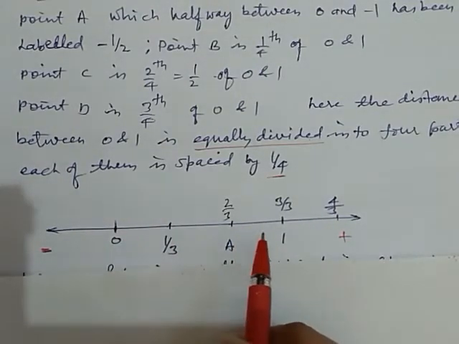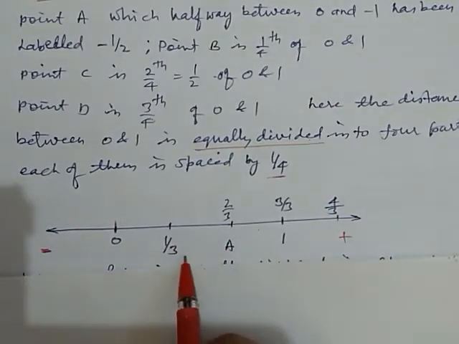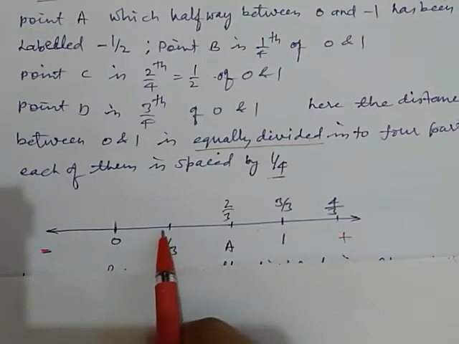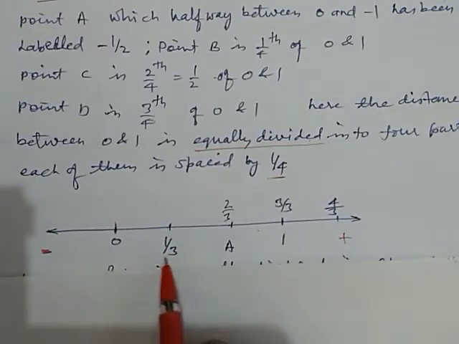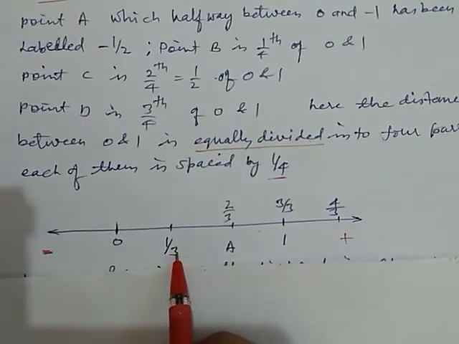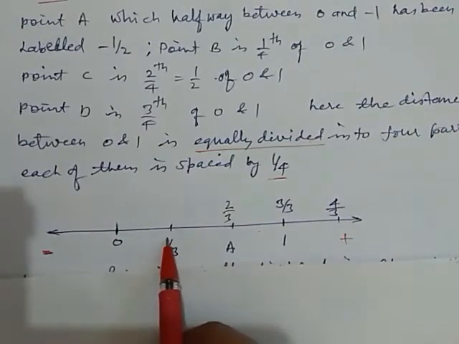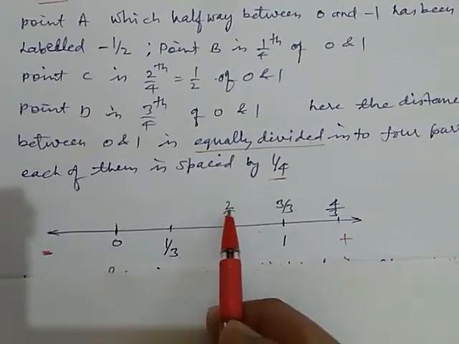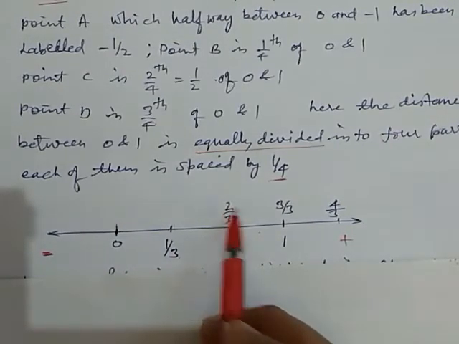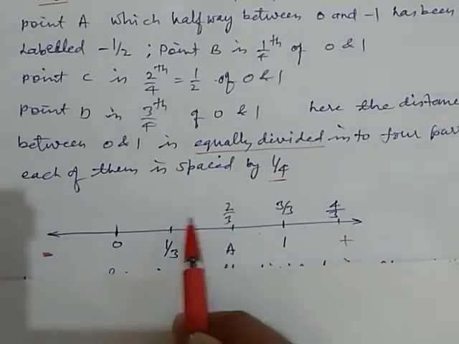Okay, and whatever the fraction, we just consider the parts equal to the numerator. Here 1/3, so first we divide this 0 and 1 into 3 equal parts and then we consider only 1 part. Now here 2/3, so we have to consider 2 equal parts, that is 1/3 each.